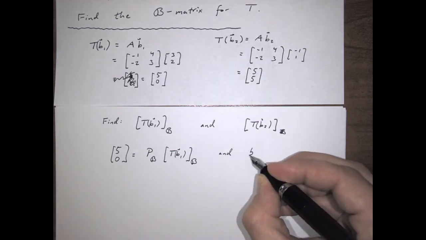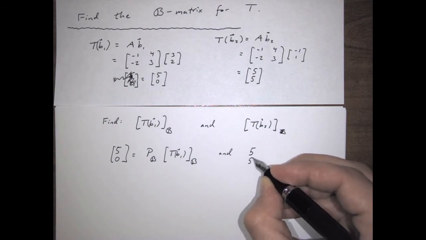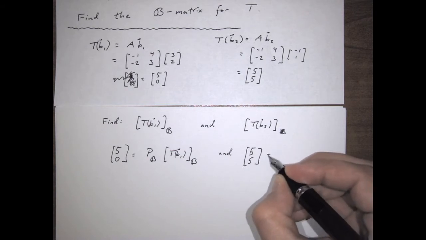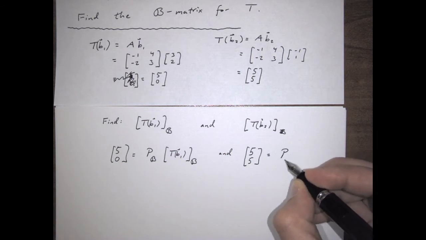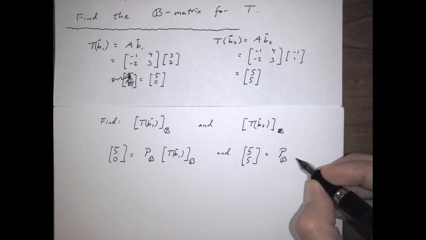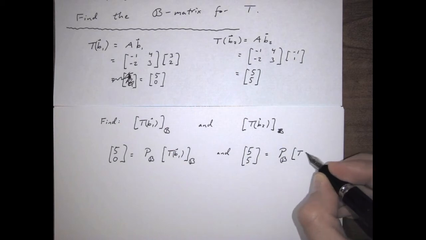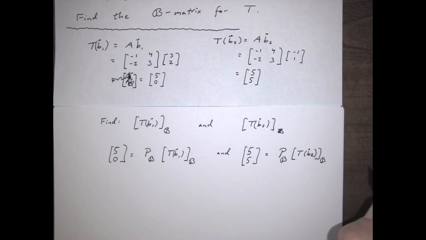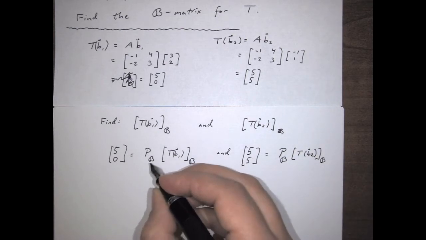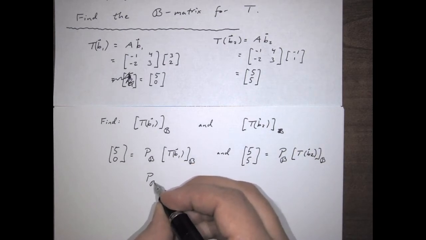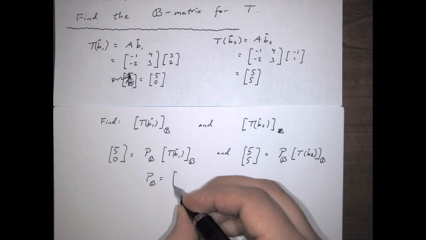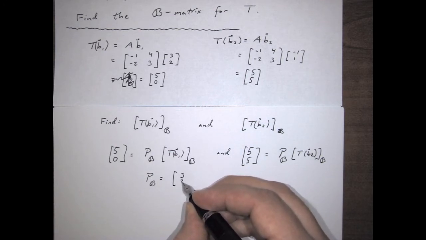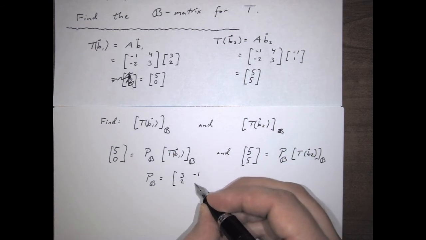And 5, 5 is equal to PB times T of B2 relative to B. But both of these, where PB is the same matrix in both, are going to be the B matrix, so 3, 2, -1, 1.